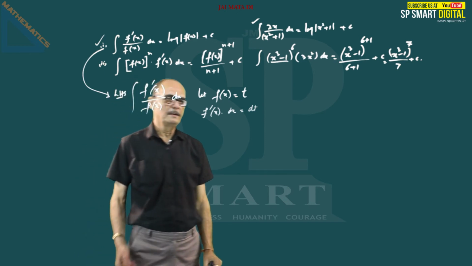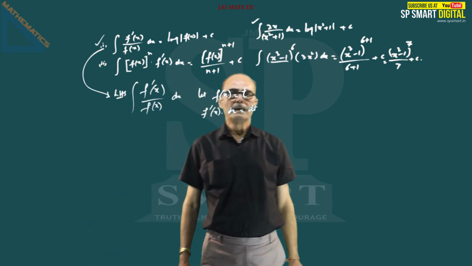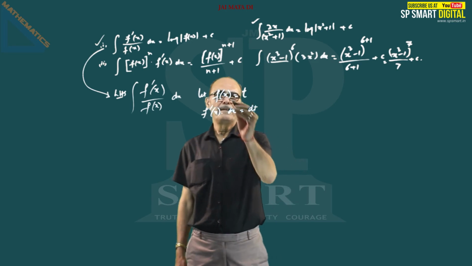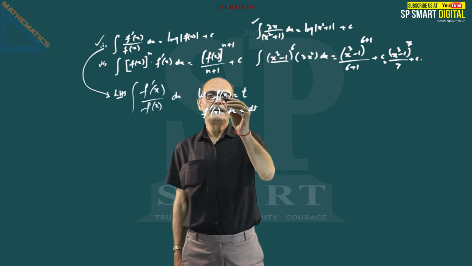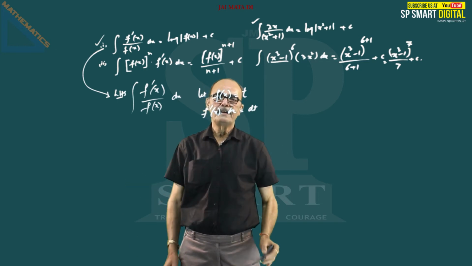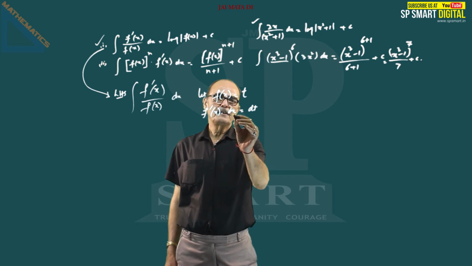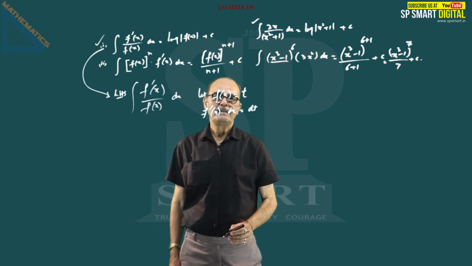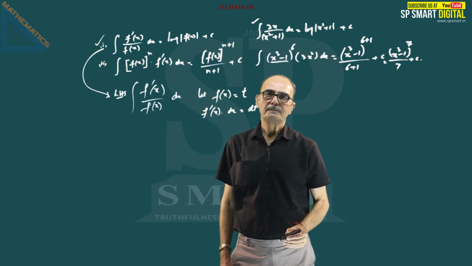Otherwise, in the normal process of differentiation, you write f x equal to t and derivative f dash x equal to dt upon dx. Here in this case, we write it as f dash x dx and derivative of t as dt.